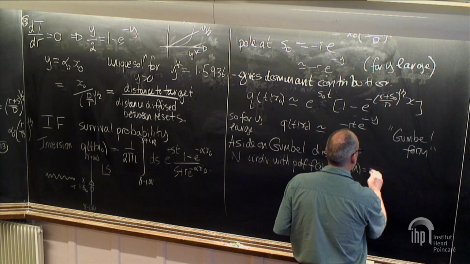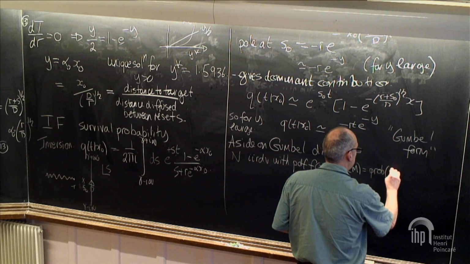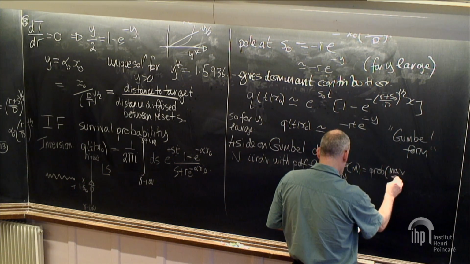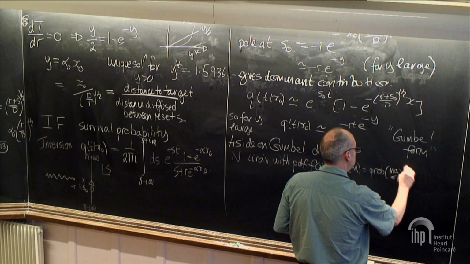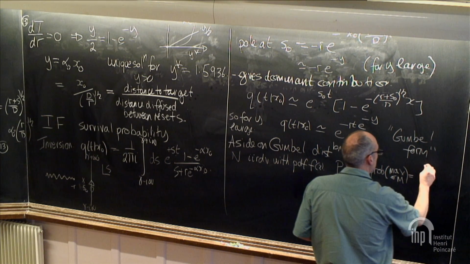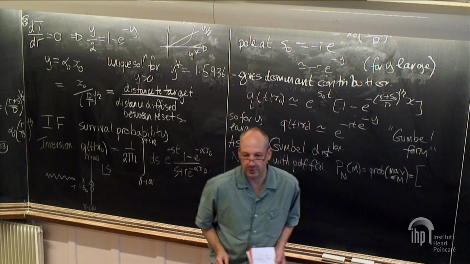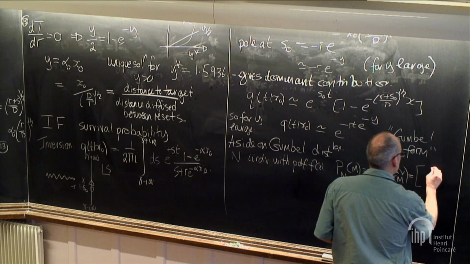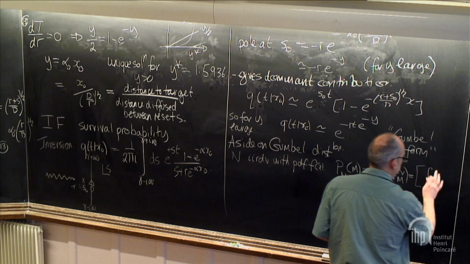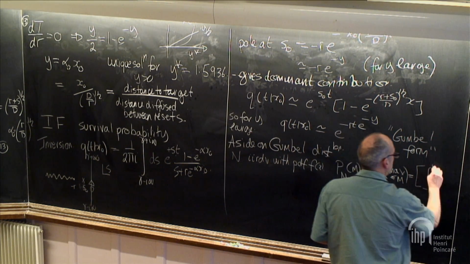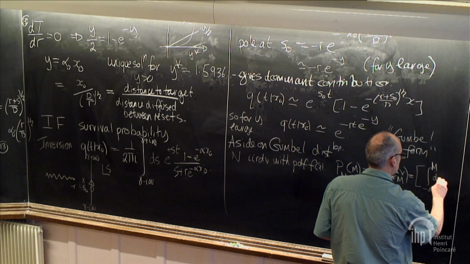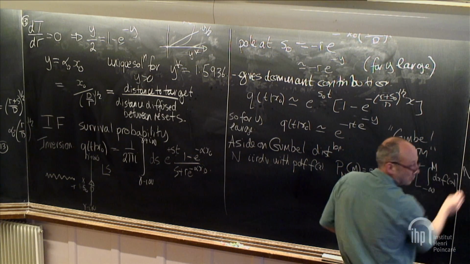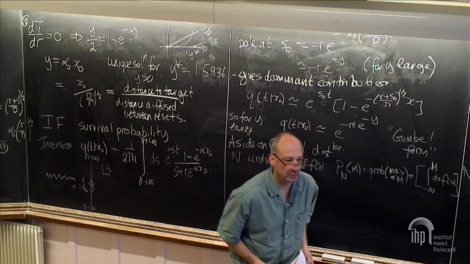So this is the probability that the max of these n random variables is less than m. Well, each of the random variables must be less than m. So the probability is the integral from, okay, let's assume it's an infinite domain, to the power n. Right? That's because they're independent.